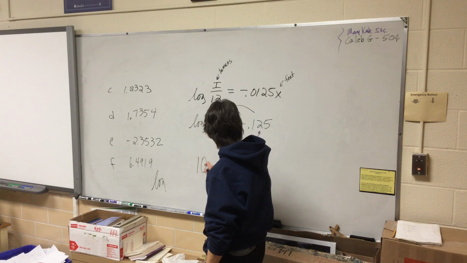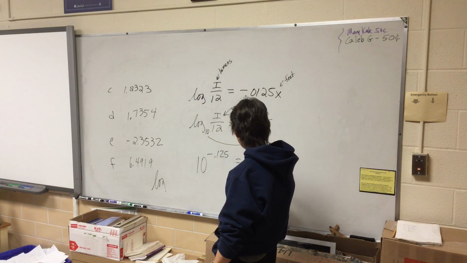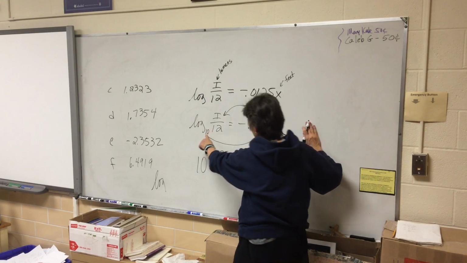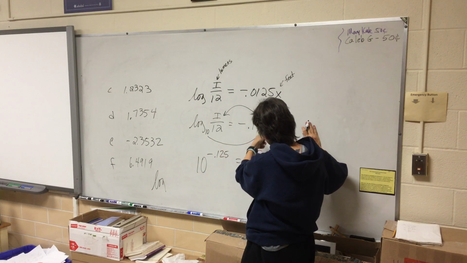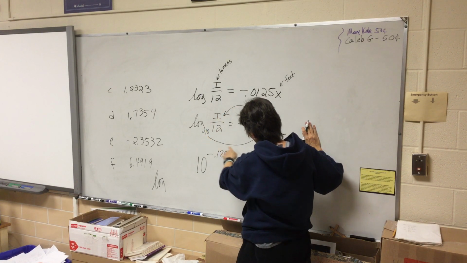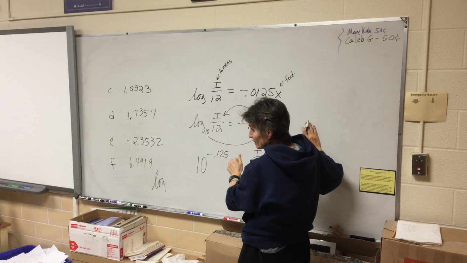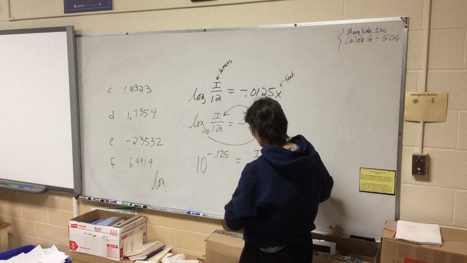So 10 to the negative 0.125 equals I over 12. 10 to this power equals this number. Okay, remember that from the other day? We got to make these connections, got to pull it all together here.